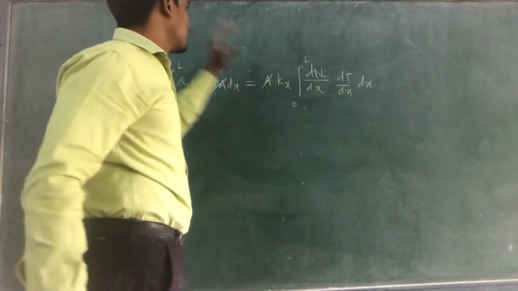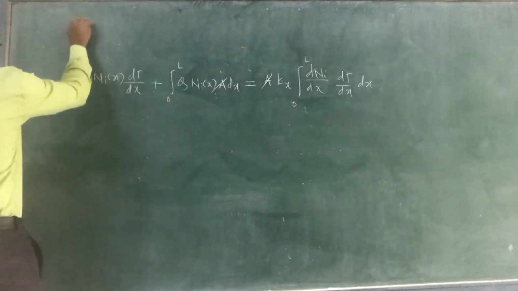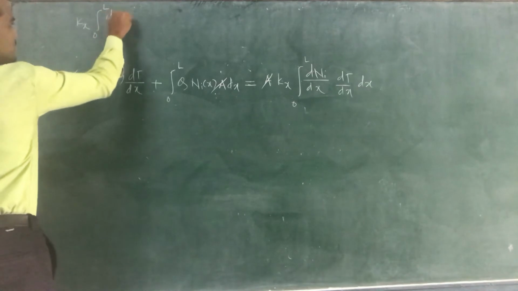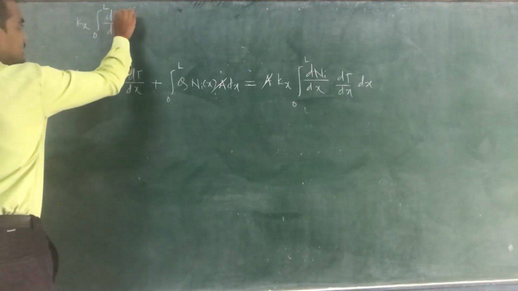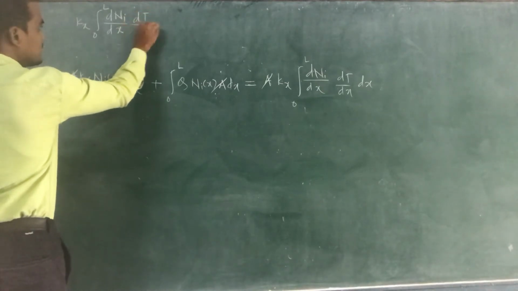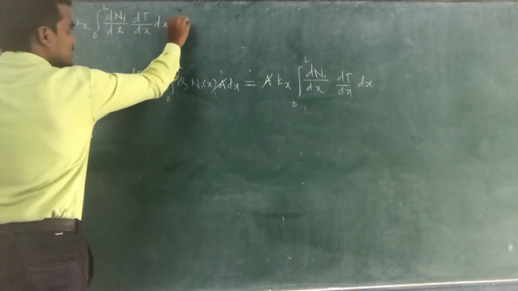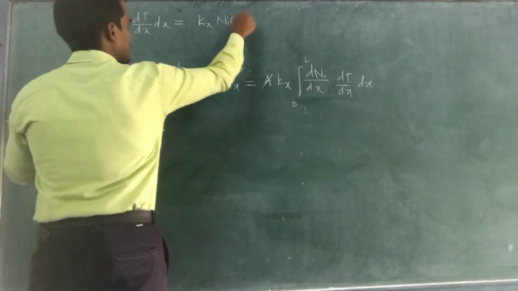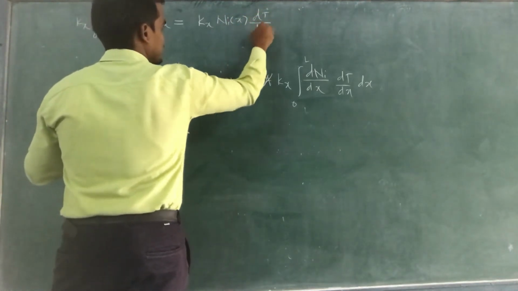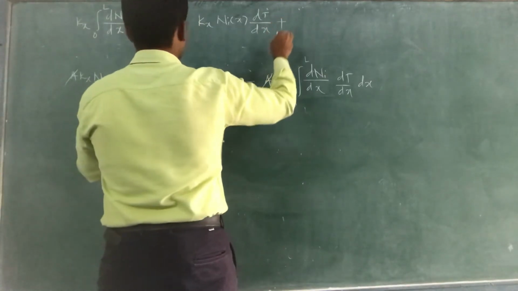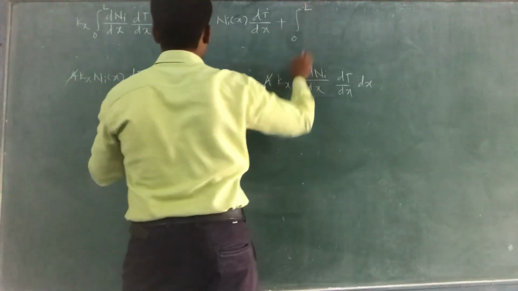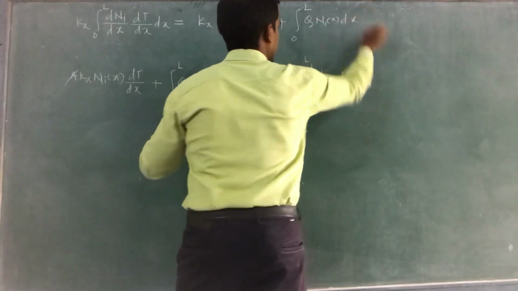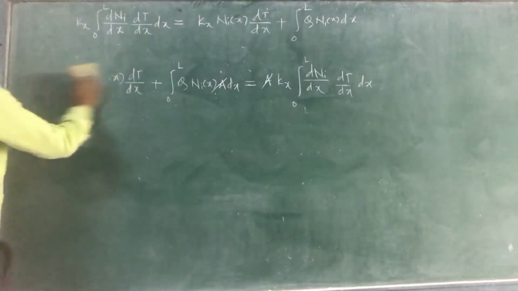So we can write it as kx integration from 0 to L of d Ni by dx into dt by dx into dx is equal to kx Ni of x dt by dx plus integration from 0 to L of Q times Ni of x dx. Okay, so this is the final integration.